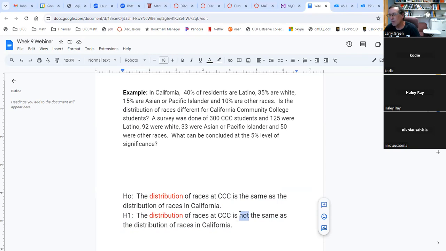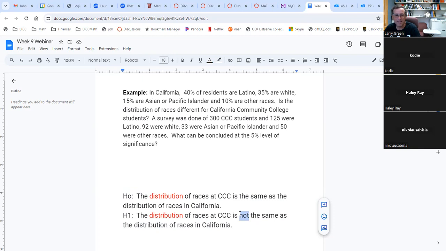Okay. And again, we don't have a left-tailed test. That's not happening. So it's either all or nothing. It's the same distribution or it's not the same distribution. I do want to mention that we will never accept H0. Don't ever go there. I noticed that in some of the exam question answers, you accepted H0 and you lost points.